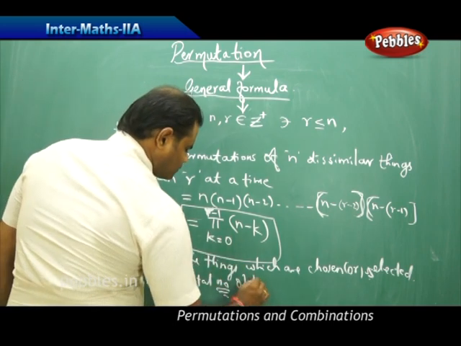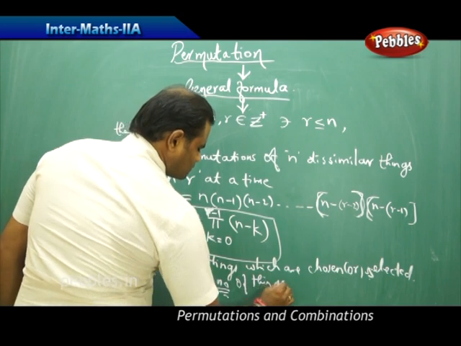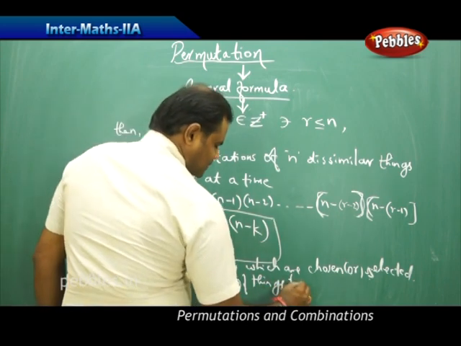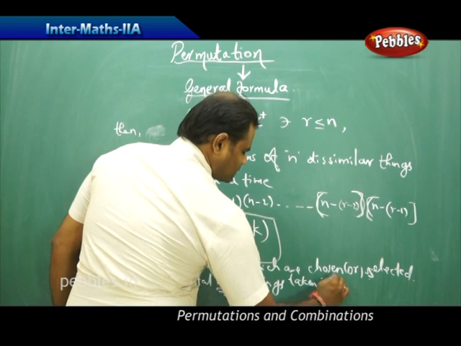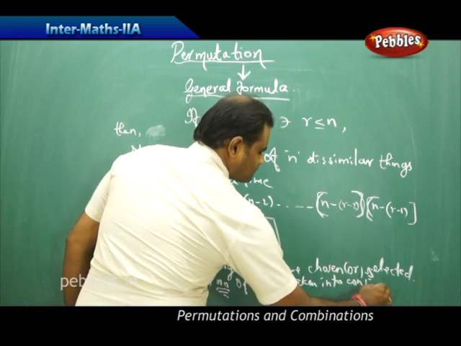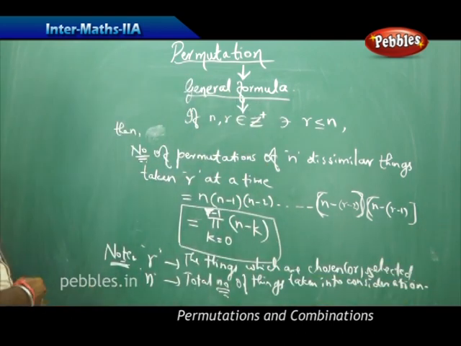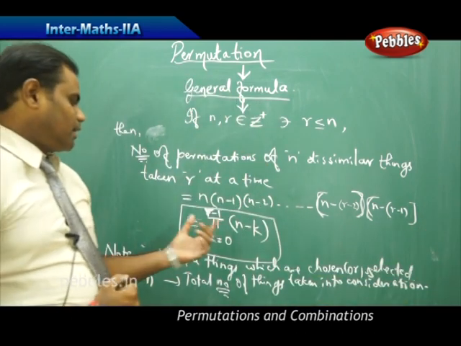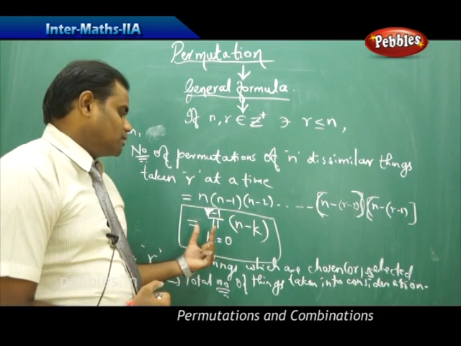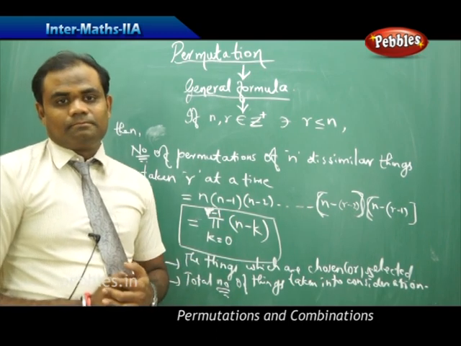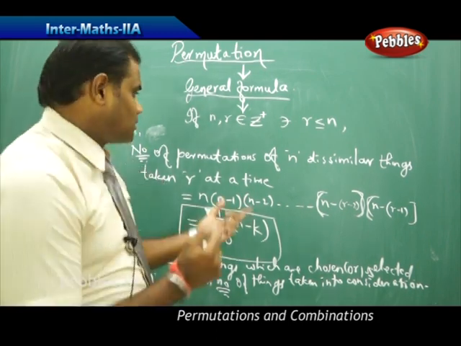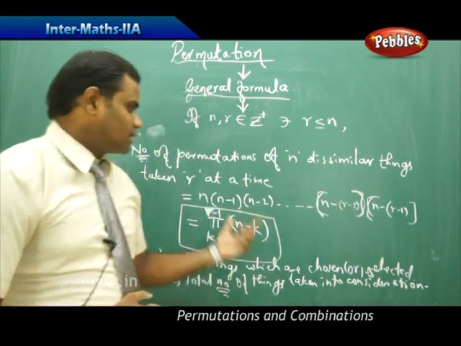This is how we understand the n associated with this formula, and the permutation of n dissimilar things taken r at a time.